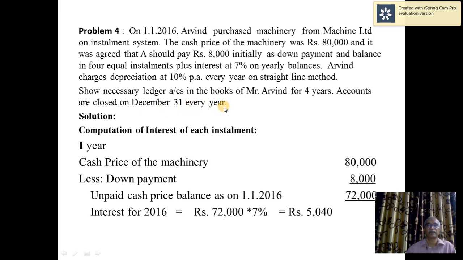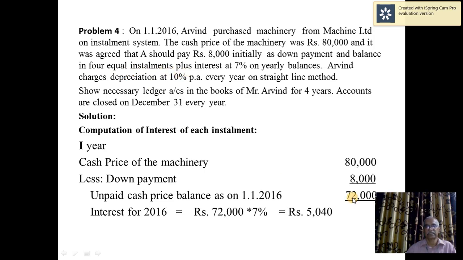So here cash price is given. Cash price is 80,000 and down payment is 8,000. So 80,000 minus 8,000, that is 72,000. This amount of 72,000 is paid in 4 equal installments.